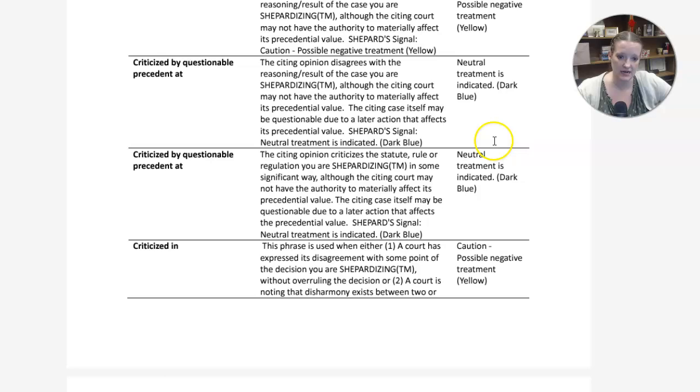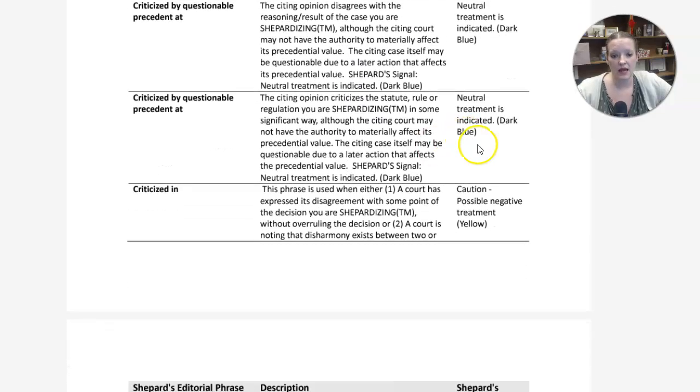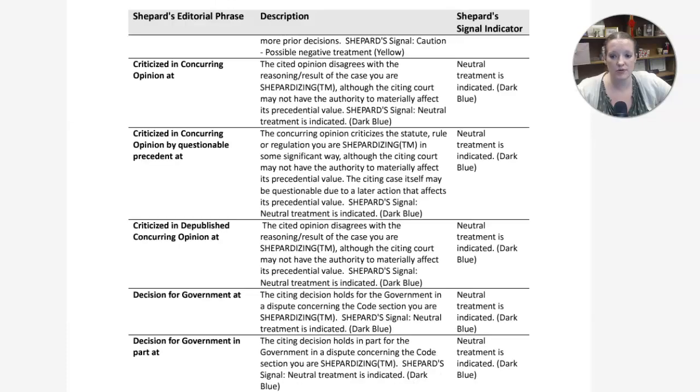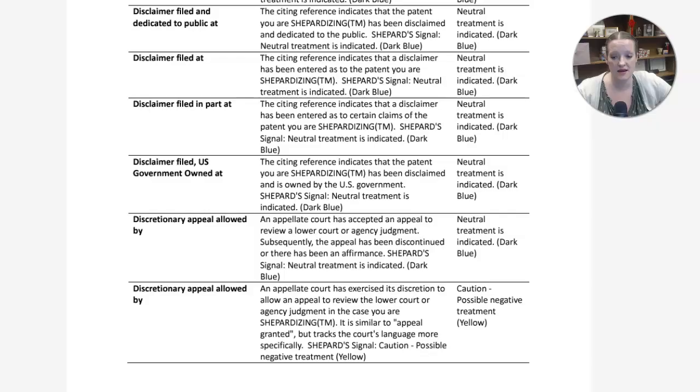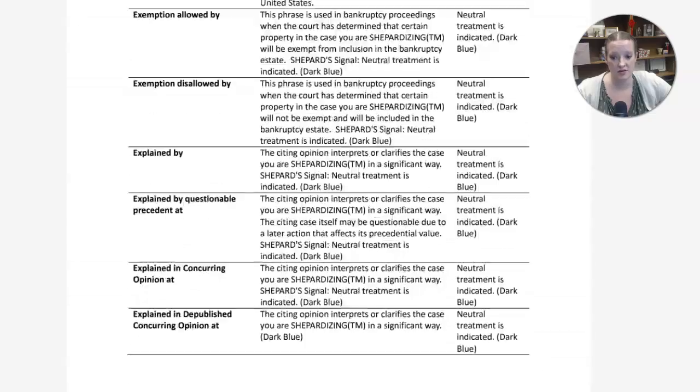Criticized, it could be criticized. Neutral treatment could be criticized by questionable precedent, or criticized by questionable precedent at a specific source. And let me just point out that this is a 110-page document, right?